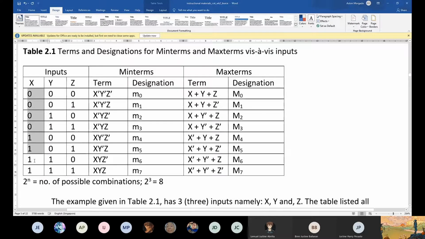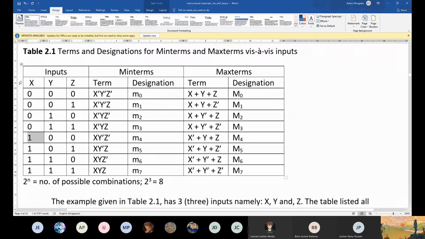And on the third column with X, 2 to the n, we're now on the third bit, 2 to the 2, 4. So that means apat na beses you have to repeat 0 4 times, then 1 4 times, then 4 zeros again, then 4 ones again.